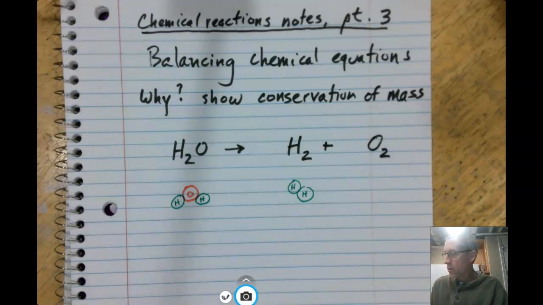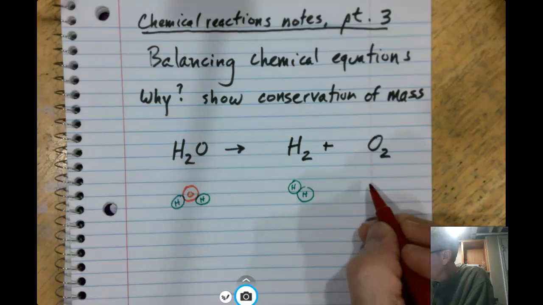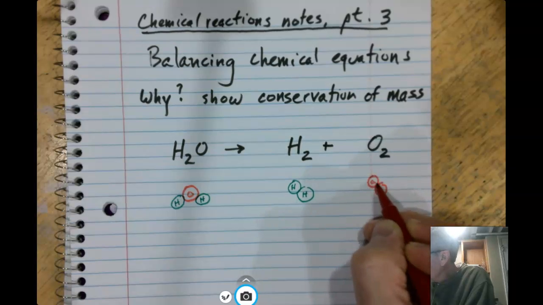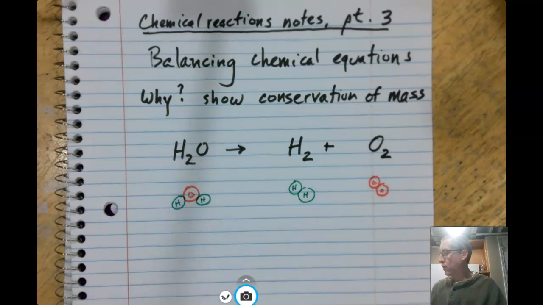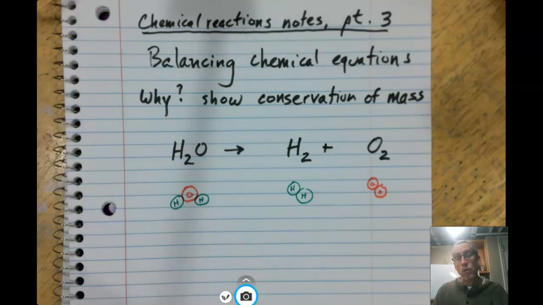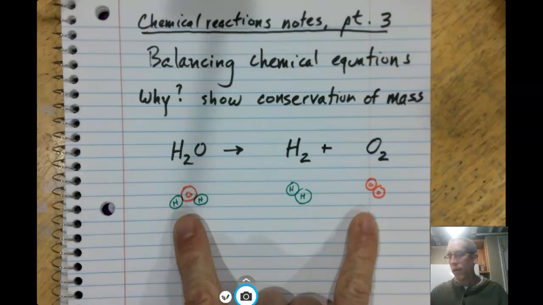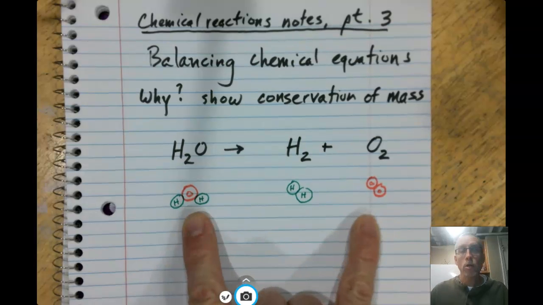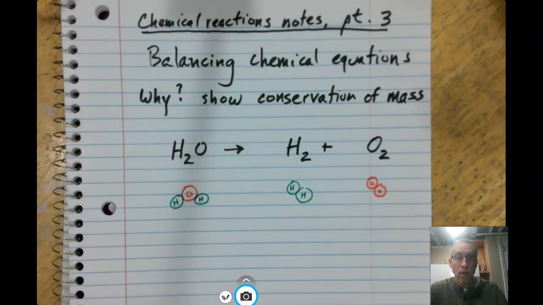And the oxygens also exist as a pair. Again, the difference here is these are bonded together. Okay? So if you just look at the representation in the picture, you see, wait a minute, something's not balanced here. We've got an imbalance in the red oxygen atoms. So I'm going to show you how we do this balancing process now.